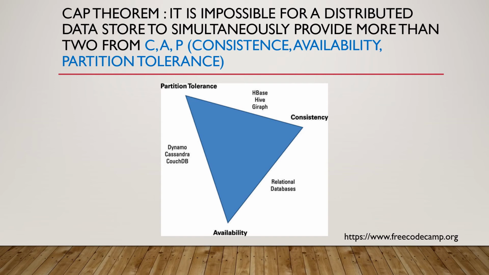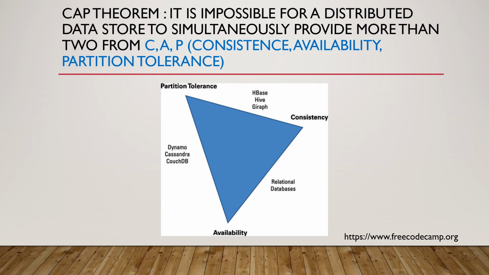But what we are saying is, for example, with a relational database, it is very hard to manage partition tolerance. But on the other hand, there is the graph database, which we are going to talk about, and also the document database.